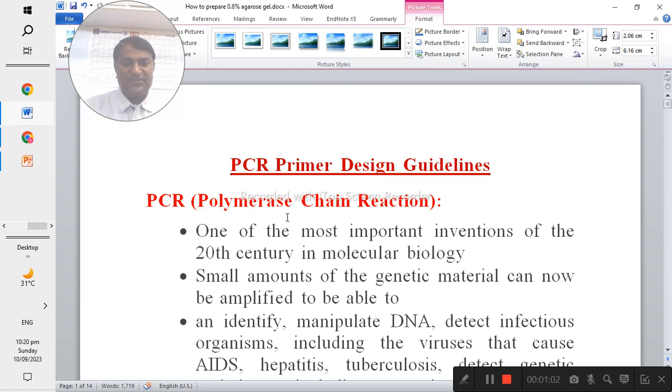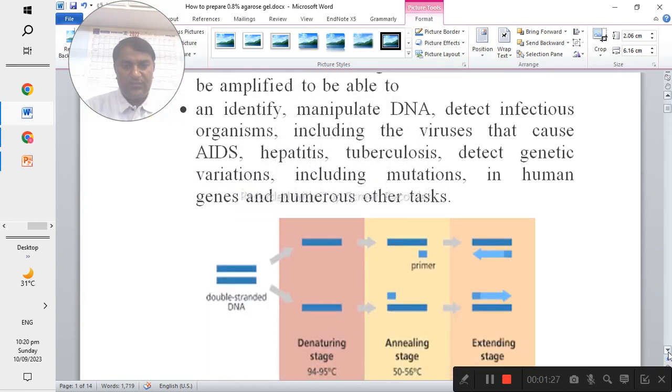It is the polymerase chain reaction, one of the most important inventions of the 20th century in molecular biology, and a small amount of genetic material can now be amplified for the following reasons: to identify and manipulate DNA, to detect infectious organisms, including the viruses that cause AIDS, hepatitis, tuberculosis, to detect genetic variations including mutations in human genes, and numerous other tasks.